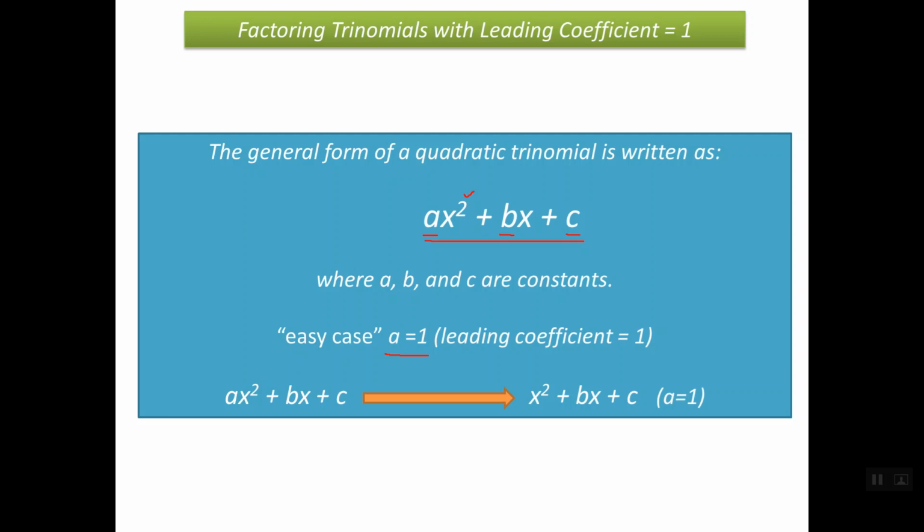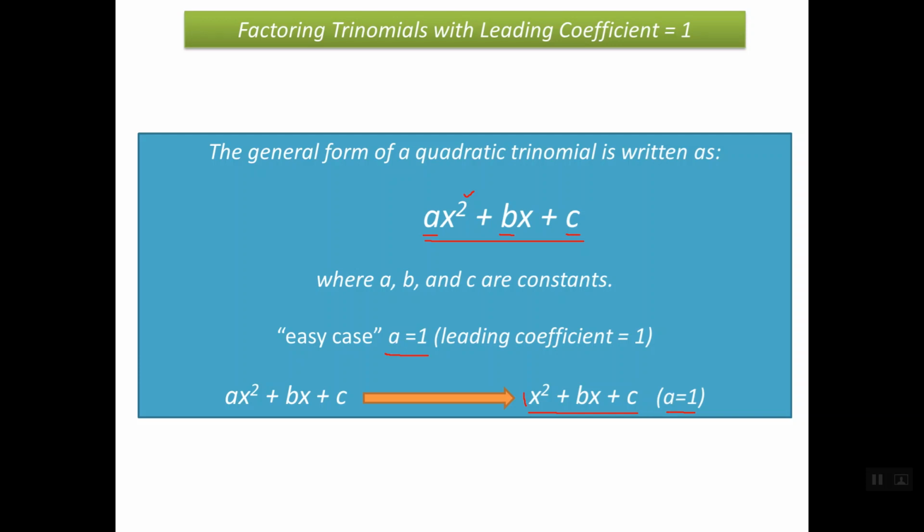So if the leading coefficient is equal to 1, the general form of the quadratic trinomial becomes x² plus bx plus c, where x² is multiplied by the coefficient 1.